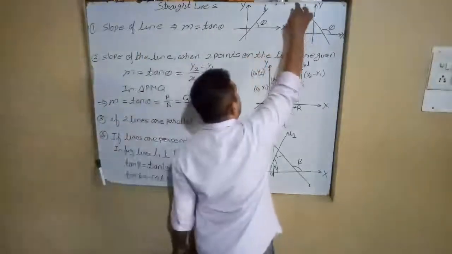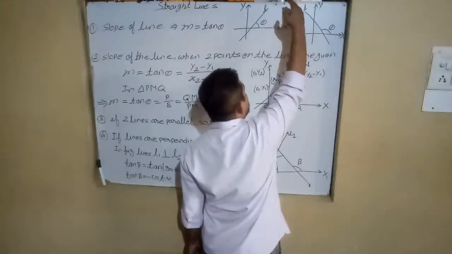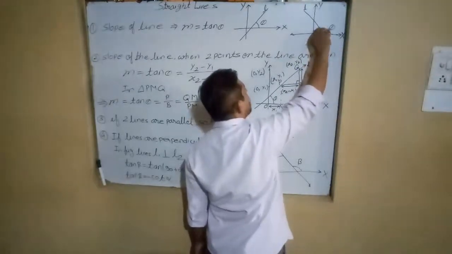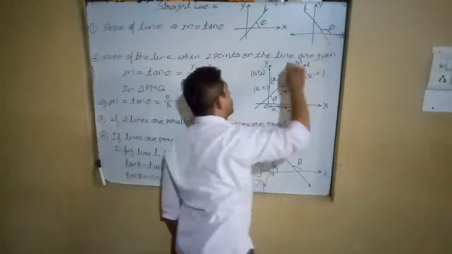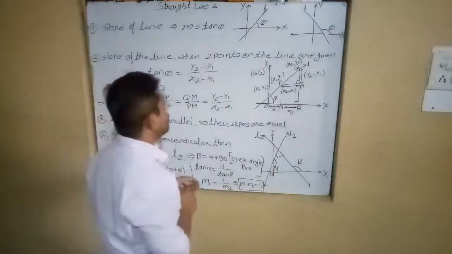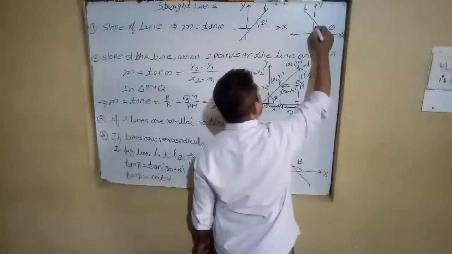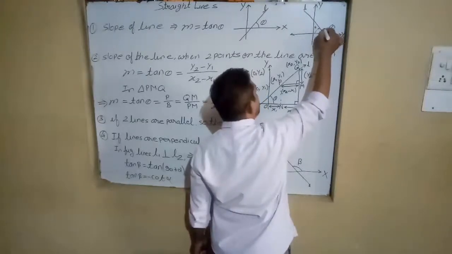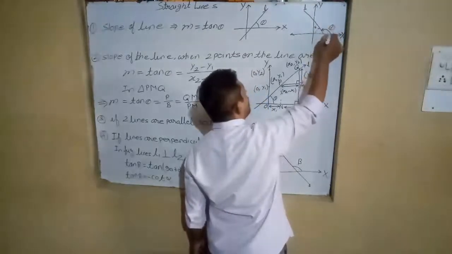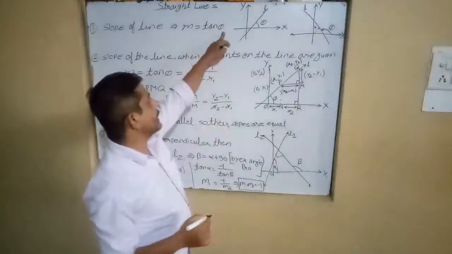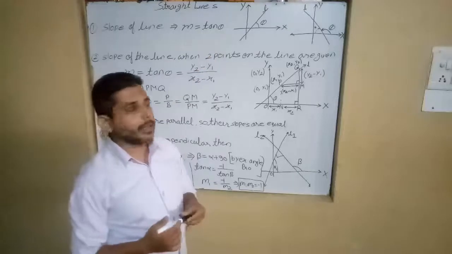I give another example. Suppose our line is given like that, so we do not measure the angle like this. We will not measure it this way because we measure anti-clockwise, and this is clockwise. So this is wrong. We measure like this, and this value is called theta, and when we find its tan theta, it is called the slope of any line.